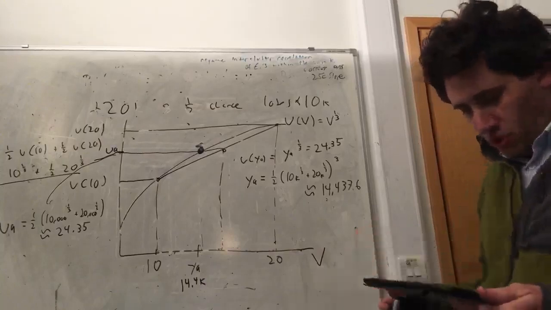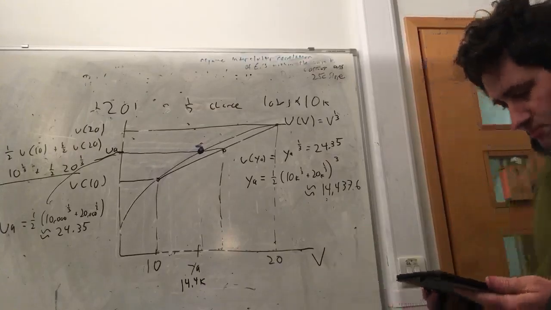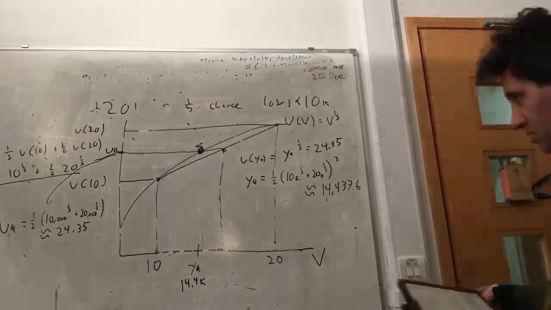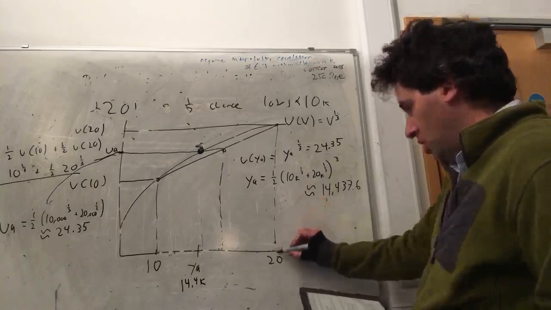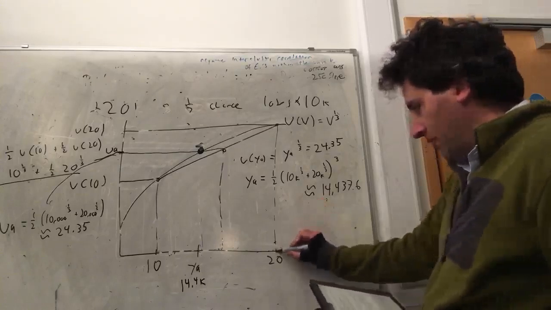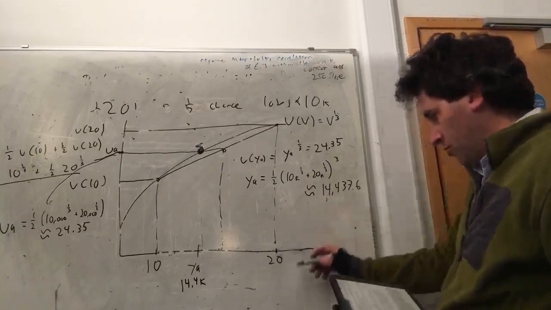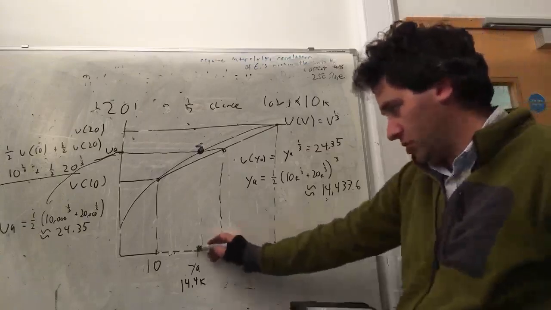So the point is, if she buys full insurance, she ends up with 20,000 minus the cost of full insurance.